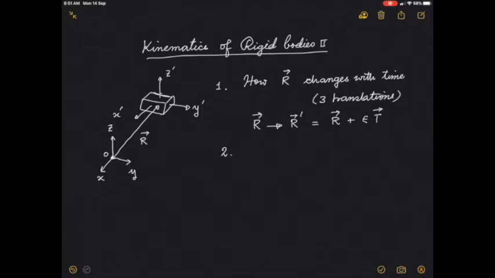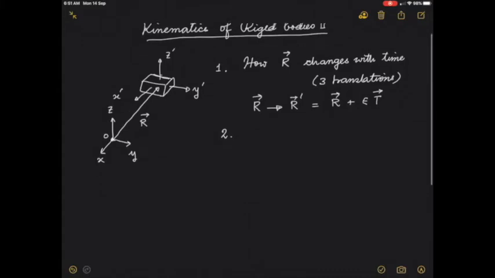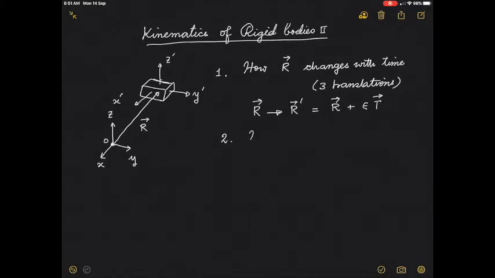The other change can be the orientation of the rigid body, and that can be written as how the orientation changes. This also has 3 degrees of freedom, right?